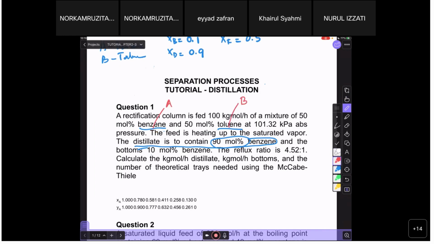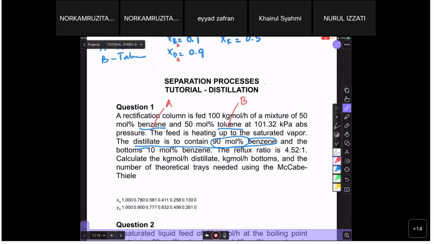Your distillate consists of 90 mole percent, so you have XDA, which is 0.9. The bottom part is given as 10 mole percent of benzene, so XBA. I put A so that you understand we are talking about only benzene here.